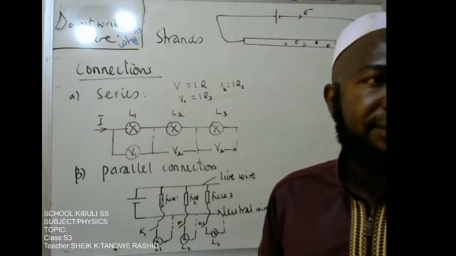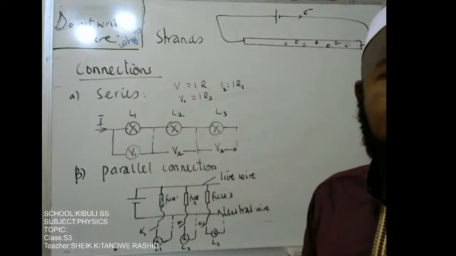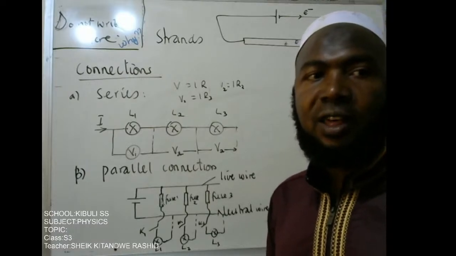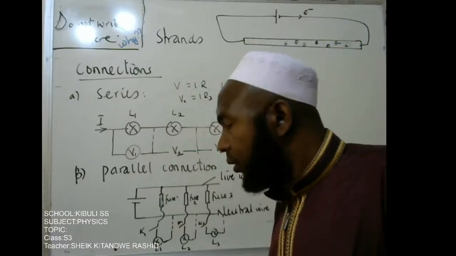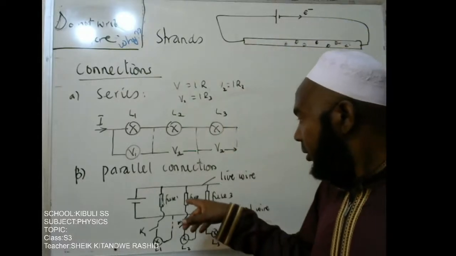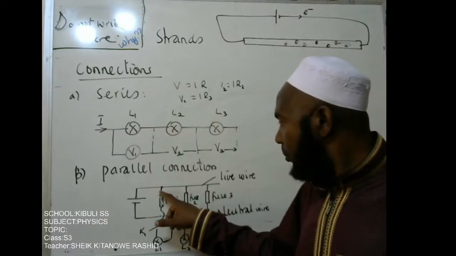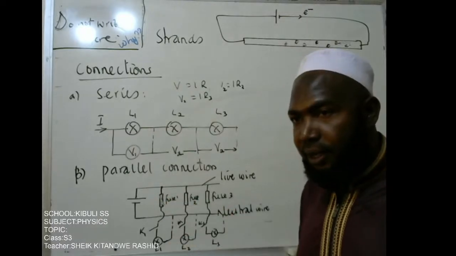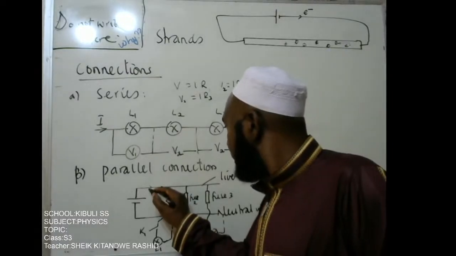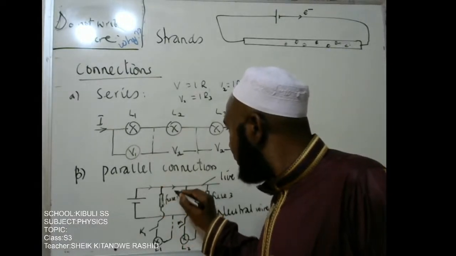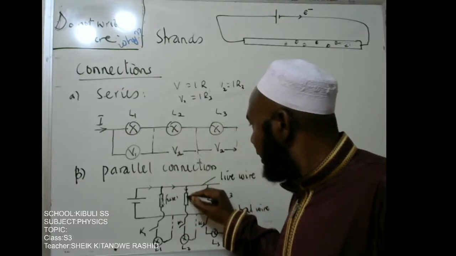We said 1. If one appliance is faulty or switched off, the other appliances will remain unaffected. For example, are you seeing this? If this fuse blows, are you getting it? Current will come, ignore this path but continue, and then flow like here.